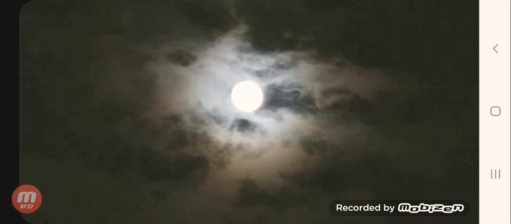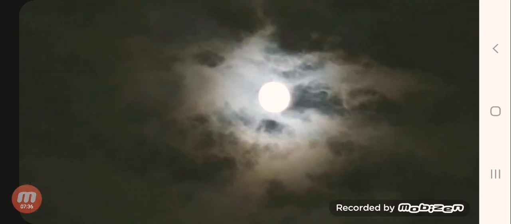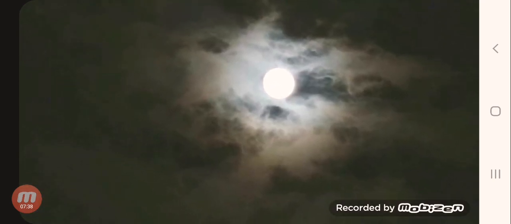Here's a good example of how the moon only locally lights up the clouds. The clouds further away are not lit up at all.